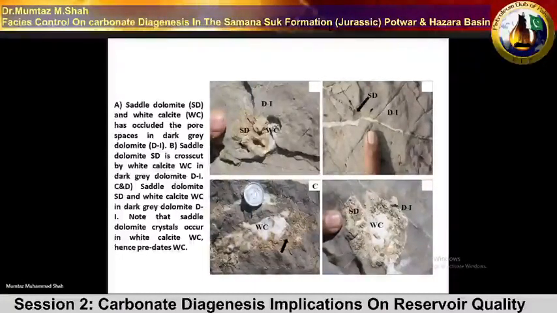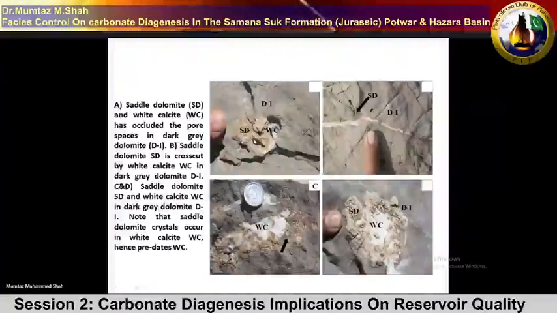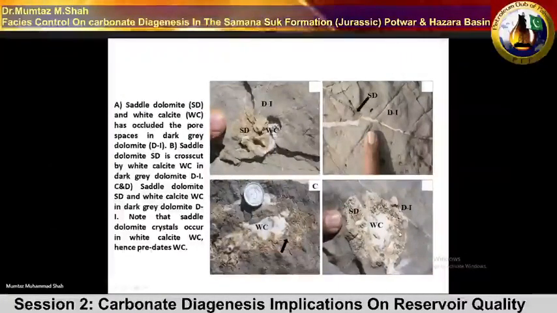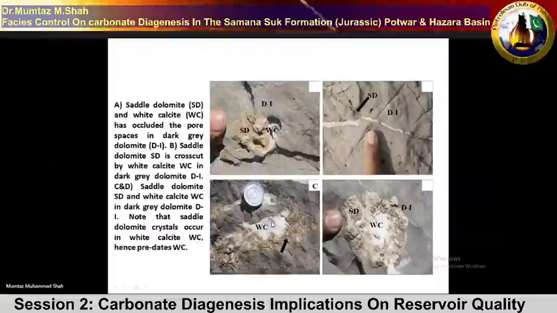Similarly, the isolated pores, or vugs, are being filled by this brown colored dolomite, whereas in the middle we can see white to off-white colored calcite.